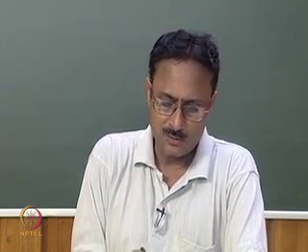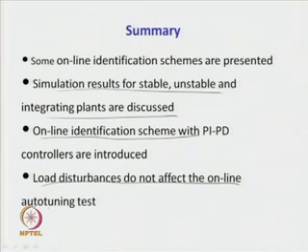What we have found from the discussion is that load disturbances do not affect the online auto tuning test, whereas sensor noise gives us distorted limit cycle output, and to counter the effects of sensor noise one has to resort to some other technique.